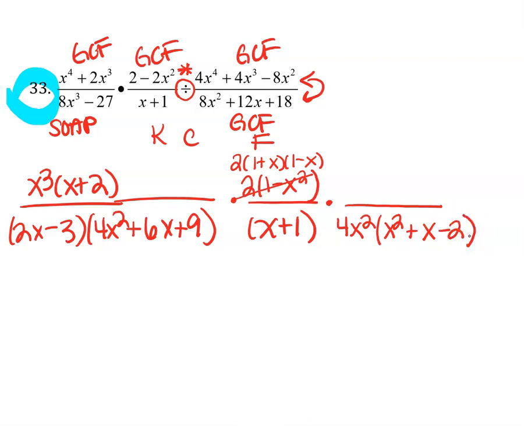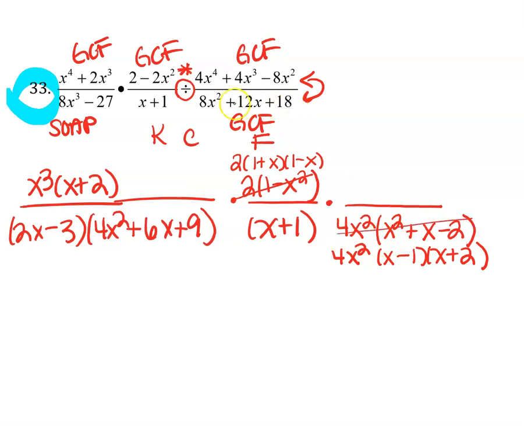And then I start asking myself, does that factor further? Well, factors of -2 that sum to 1. Could I do x minus 1, x plus 2? That would work. So I noticed a little AM factoring in there that worked for me.